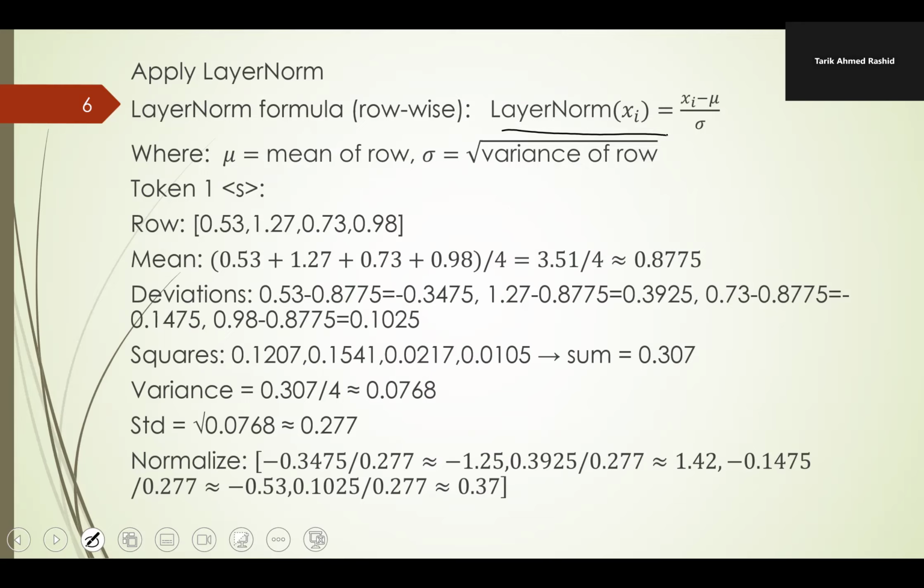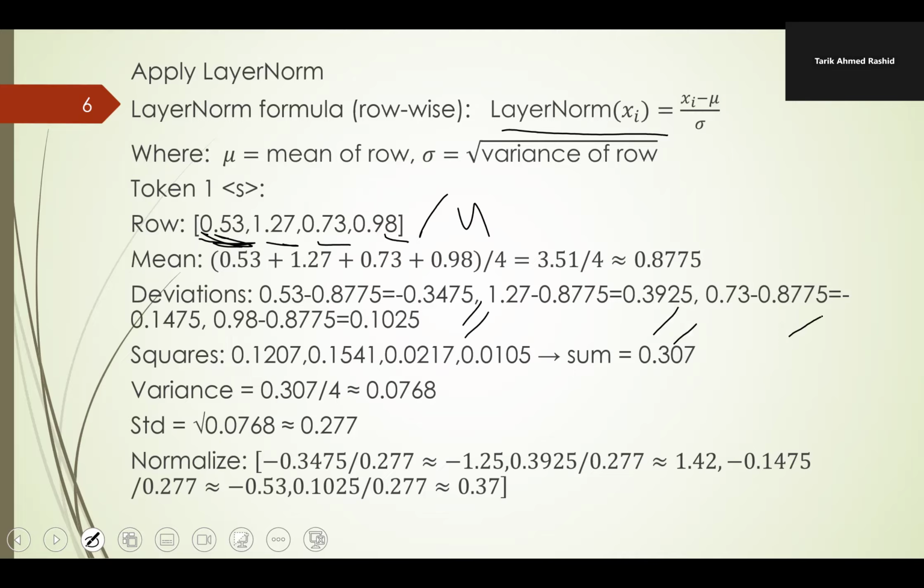For each row, we add the elements and divide by 4, so the sum of the row elements divided by 4 gives us the mean. Then each element minus the mean gives us the deviations. So that's the deviation 0.374, and that's deviation 0.392, and that's the other deviation.